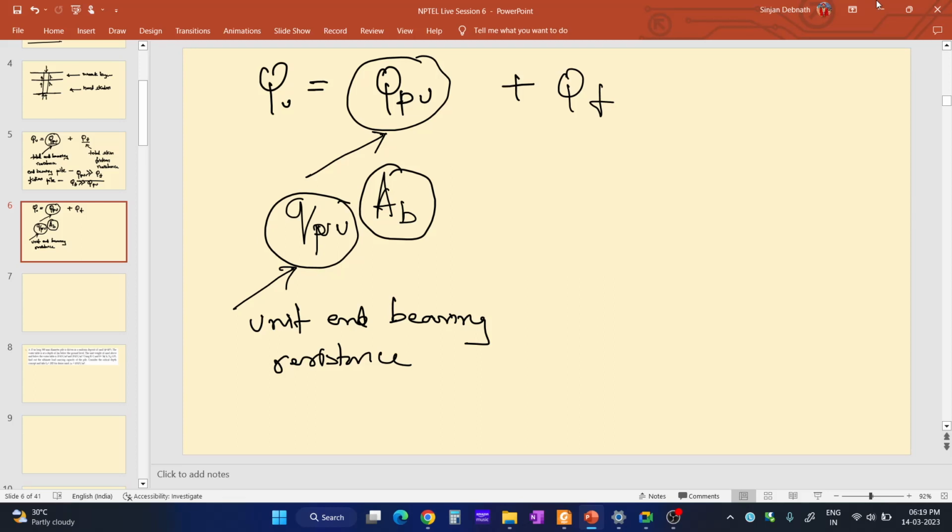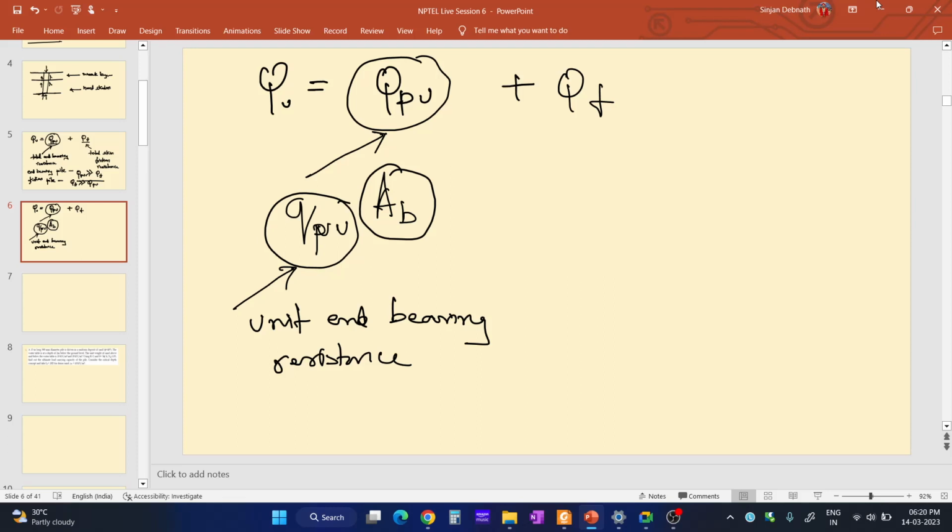So this small qpu is the unit end bearing resistance, and AB is the area of the base of the pile. If we multiply these two, we will get the total end bearing resistance.